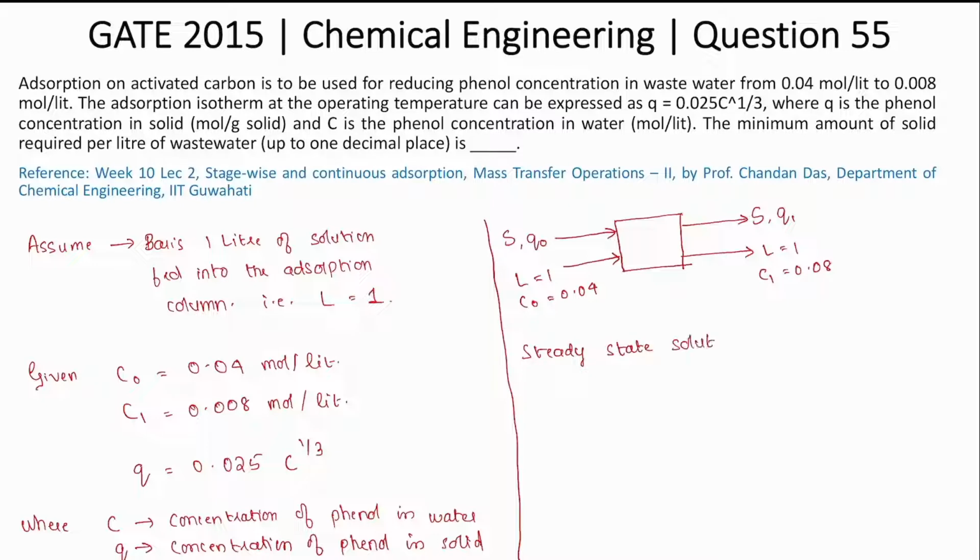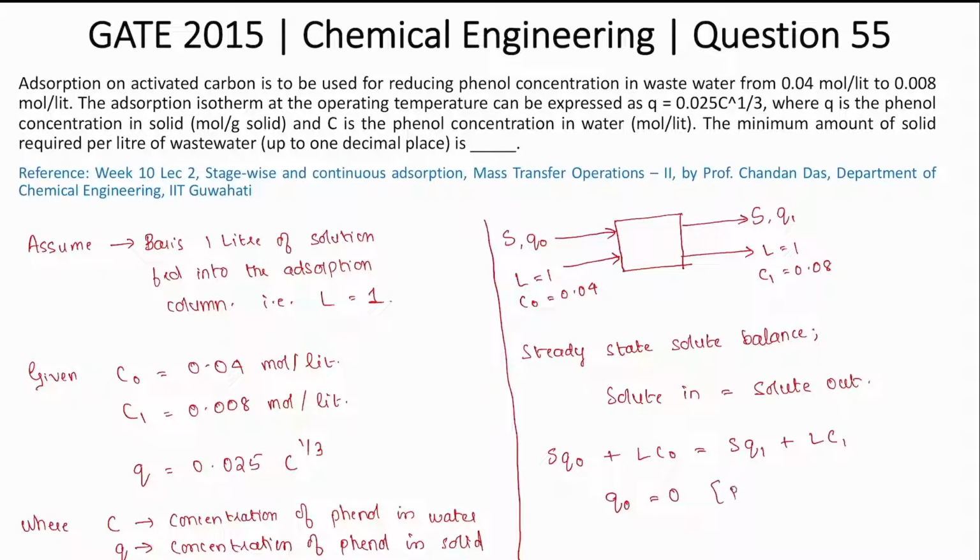Writing a steady state solute balance for the system, the solute in is equal to solute out. So SQ0 plus LC0 is equal to SQ1 plus LC1.